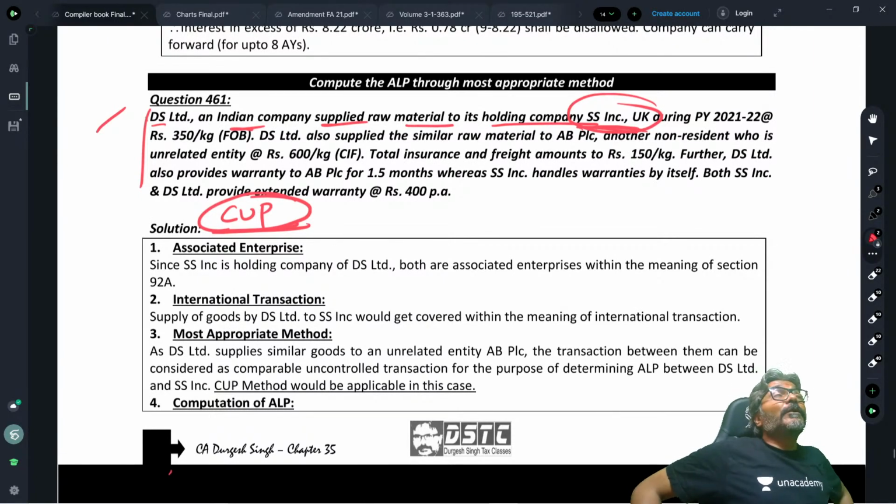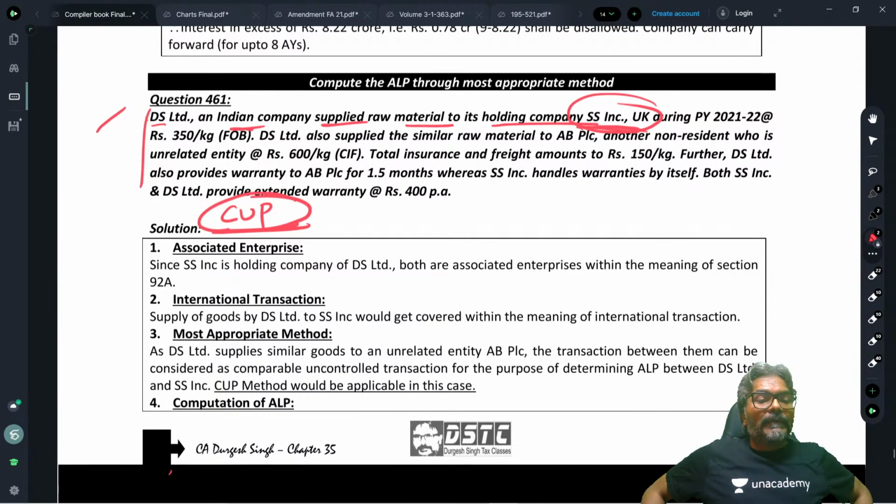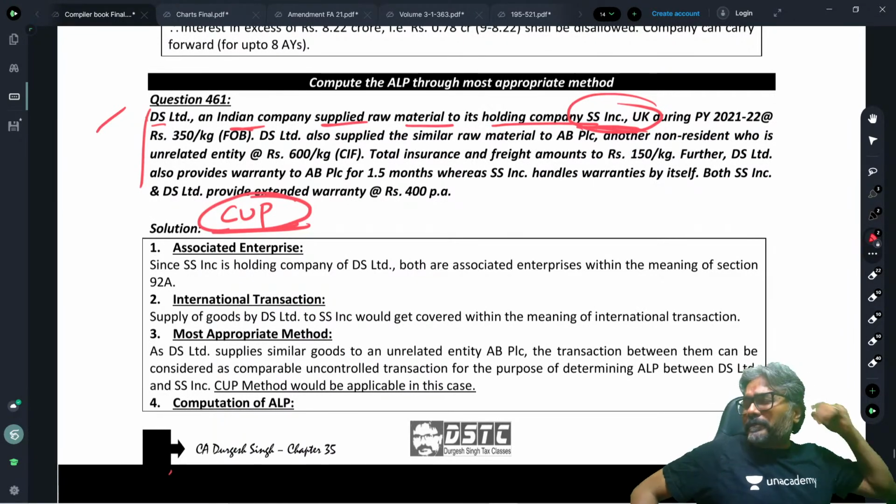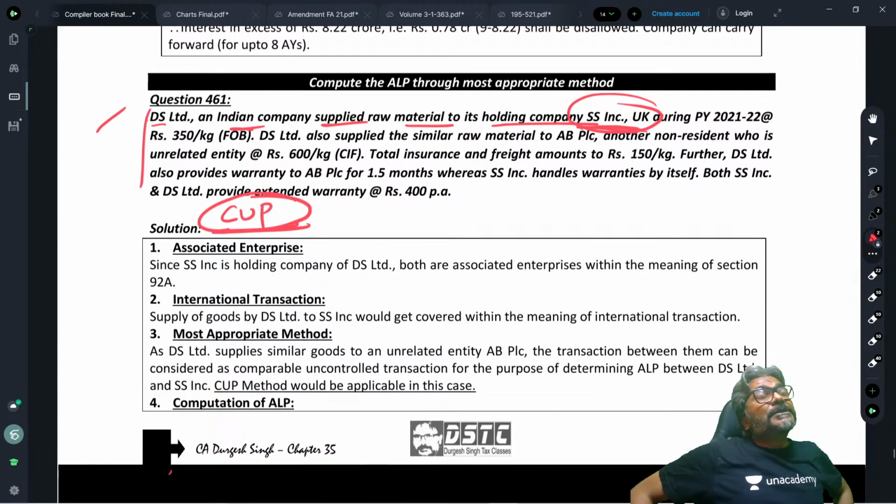The step involved in the CUP method is that, first of all, as the name suggests, comparable uncontrolled price method, which implies that the first and foremost thing to determine the ALP is that, as per this method, you have to pick up the price which is charged in the comparable uncontrolled transaction. So whatever is the price, students, which has been charged in the comparable uncontrolled transaction, that is the price that you need to pick up. That's the first and foremost thing that you need to do.